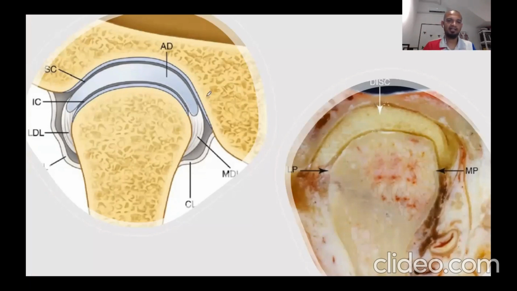So it is held medially by the medial discal ligament and laterally by the lateral discal ligament to keep the disc in position even during movements, so that it doesn't slip out laterally or medially. So if you look at the cadaveric view, this is the medial pole of the condyle and the lateral pole of the condyle. So you have the disc there, and then the discal ligaments around here to attach to both sides, the medial and the lateral disc.